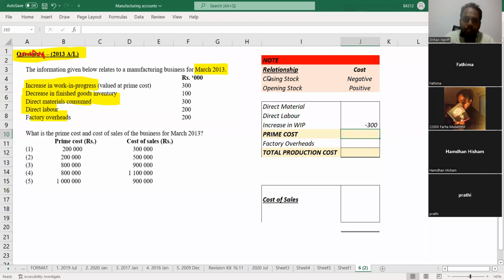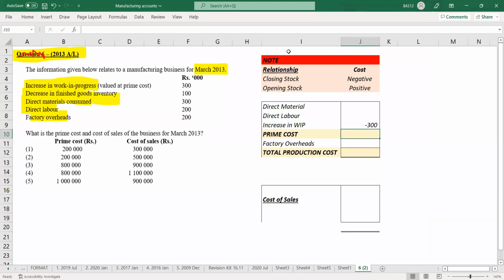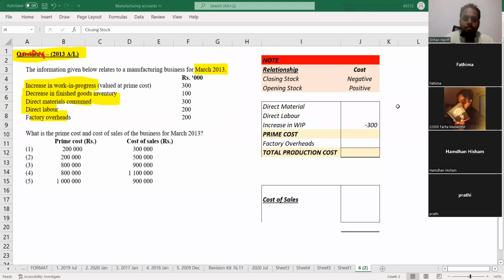If you understand this, then nothing to think. You can just write the answer. You can expect a similar question in the paper. Okay.